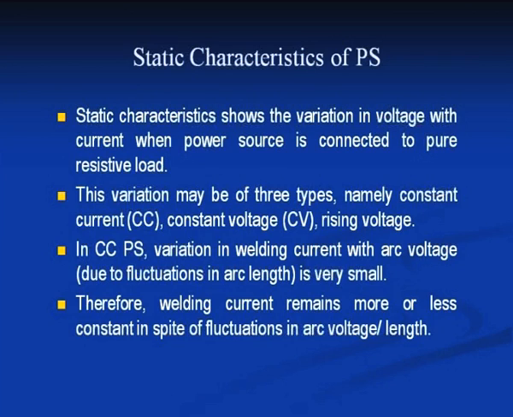When a constant current power source is used, these minor fluctuations in the arc length, and so the arc voltage, do not affect the welding current significantly, and that is why the power source is able to produce uniform heat, which helps to produce a sound weld bead uniformly.